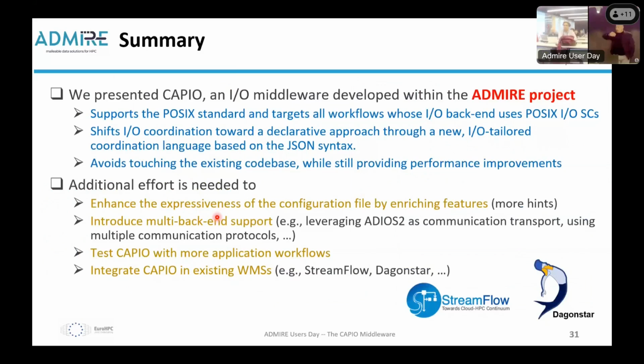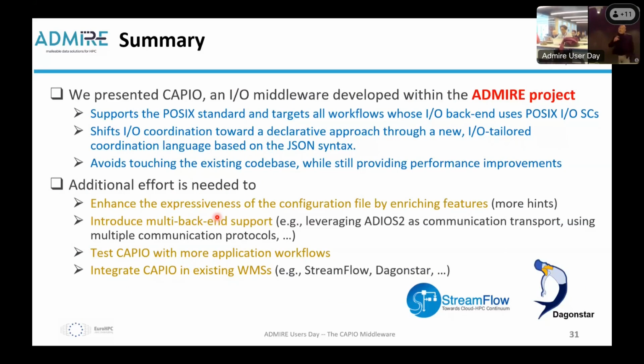Good. I'm going to conclude. I hope you understand a bit what CAPIO is. So basically, we presented CAPIO. CAPIO has been developed within my project from scratch. It supports POSIX standard system calls, and so it can be used in all workflows that rely on POSIX IO.